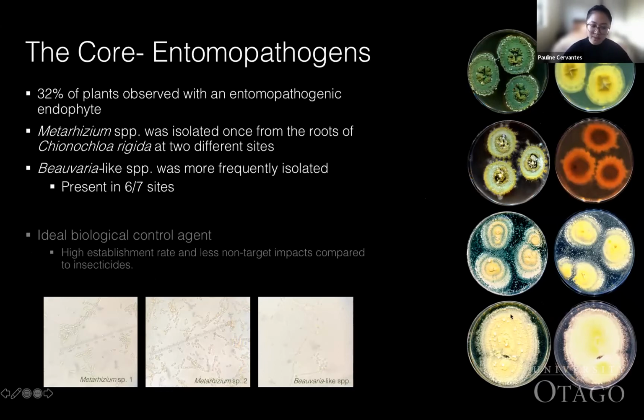These particular endophytes are very ideal for use as biological control agents, in particular against insect pests, because of their ability to establish in their host plants. So when you compare these to using insecticides, their non-target impacts are much lower.